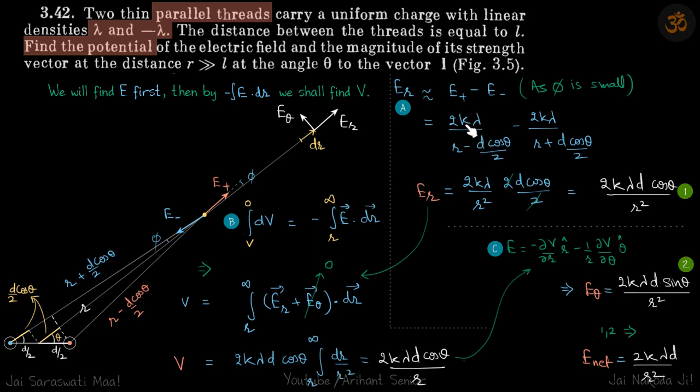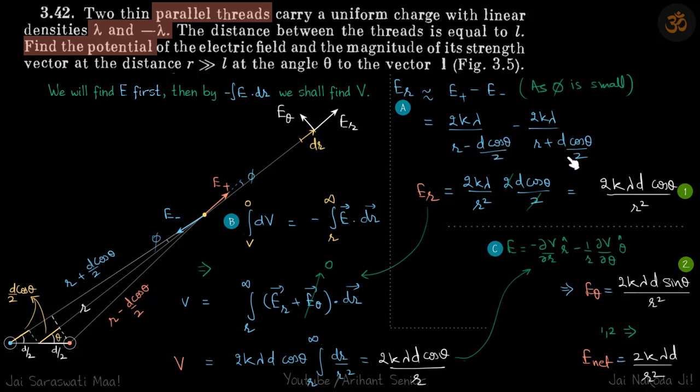So for positive charge, it is 2k lambda by r minus d cos theta by 2, and for negative charge, minus 2k lambda by r plus d cos theta by 2. Simplifying it, in the denominator we will have r square minus d square cos square theta by 4. We'll neglect this because r is much greater than d.